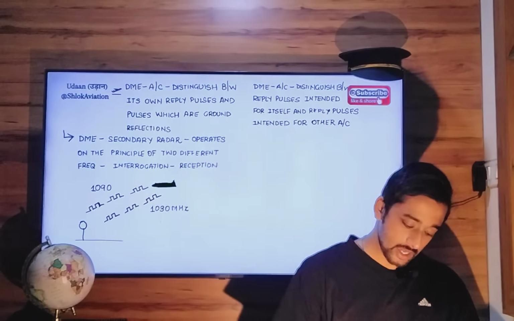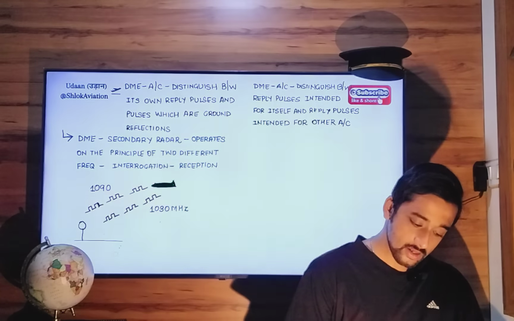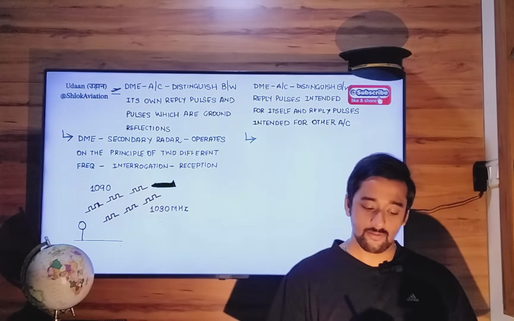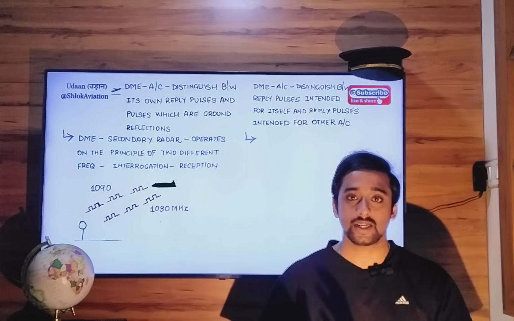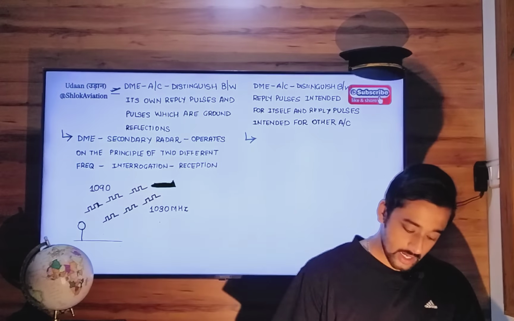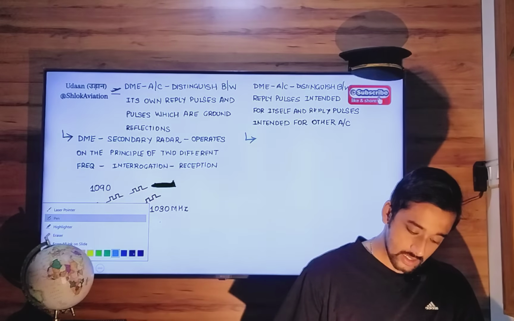Now in the second scenario, how is it able to identify its own pulses and reject pulses intended for other aircraft? It happens this way.